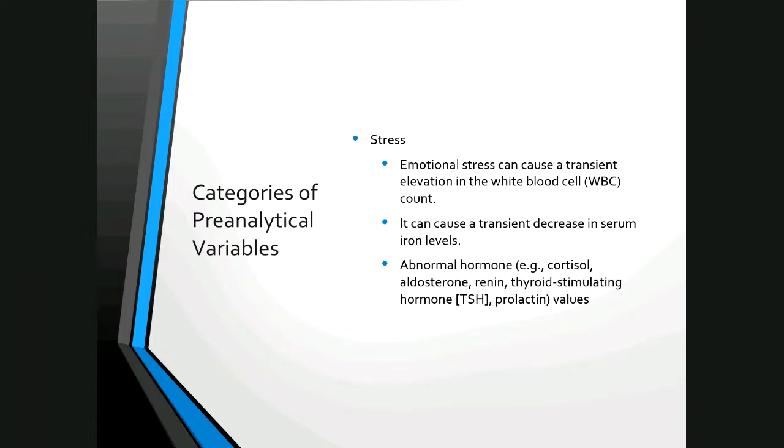It can cause a transient decrease in serum iron levels and abnormal hormone levels: cortisol, aldosterone, renin, thyroid stimulating hormone, and prolactin. It is also really important to understand that anxiety can result in hyperventilation, and due to this can cause an acid-base imbalance, increased lactate levels, and increased fatty acid levels.